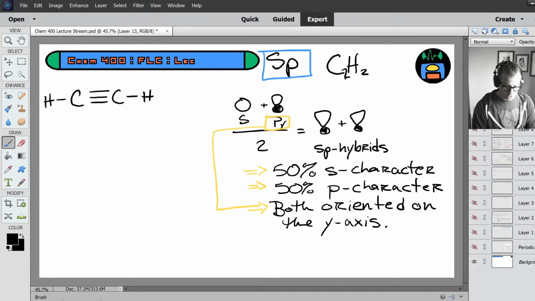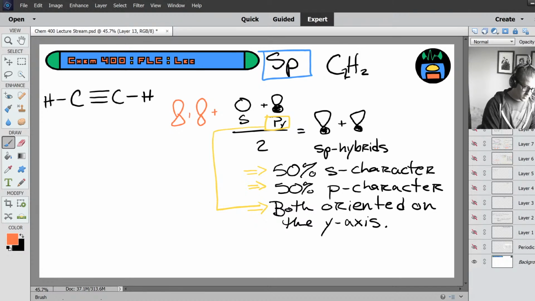Now, again, if you're wondering, there are two atomic orbitals that we did not use for our hybridization, and those are px and pz.